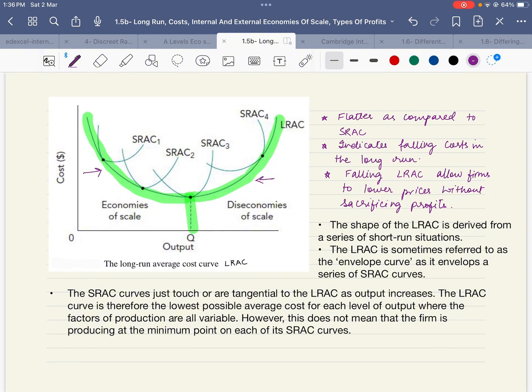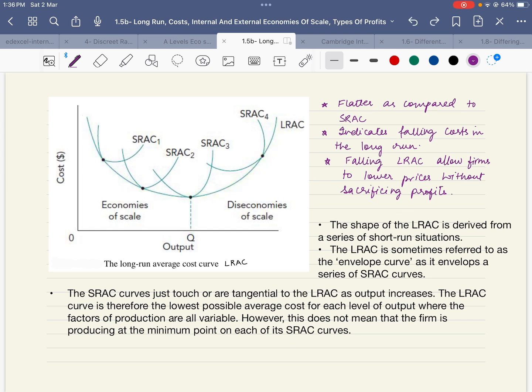The shape of LRAC is derived from a series of short-run situations. For example, if this LRAC is for, say, 4 years or 5 years or multiple years, there will be certain short runs in this entire long run period.